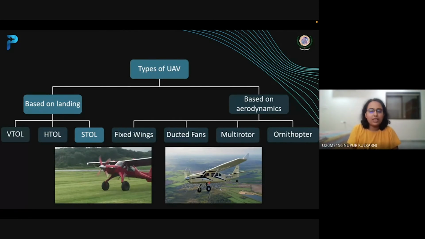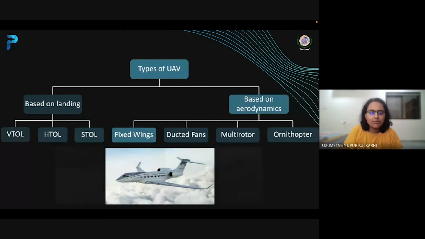Now, based on aerodynamics, we have fixed wings. Fixed wings doesn't mean the wing is actually fixed, it means it is rigid. The wings are not rotating or moving with respect to the fuselage, the main body of the airplane.